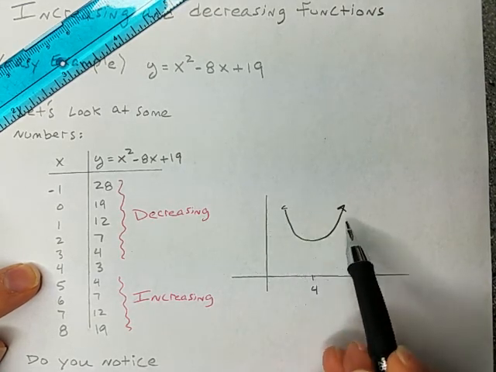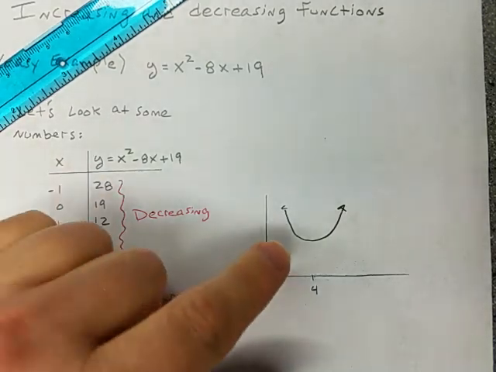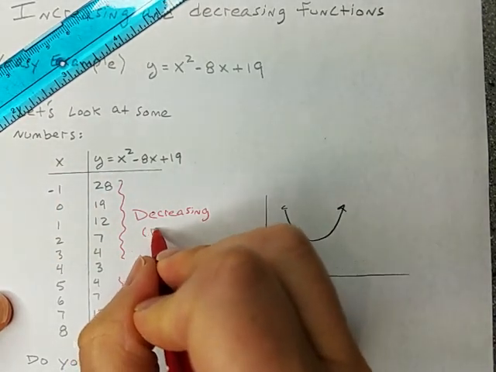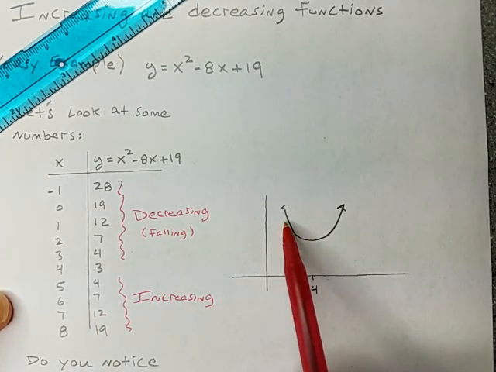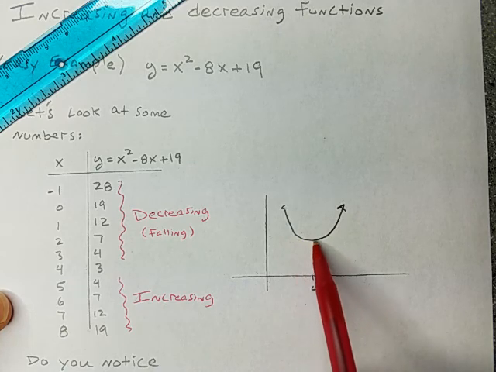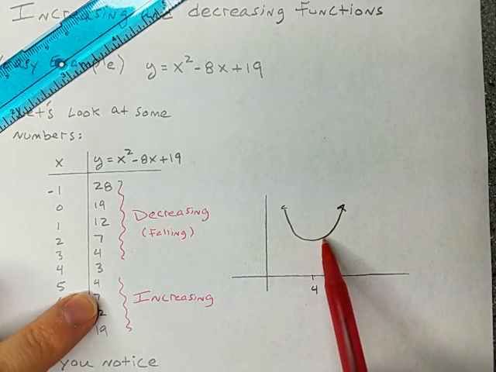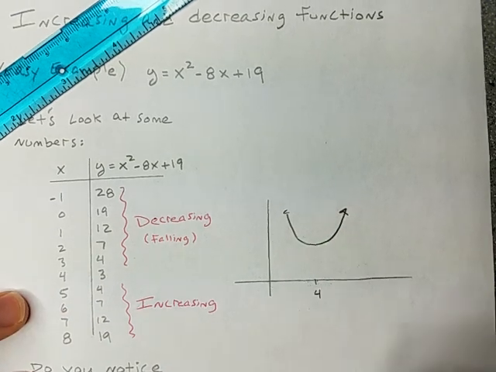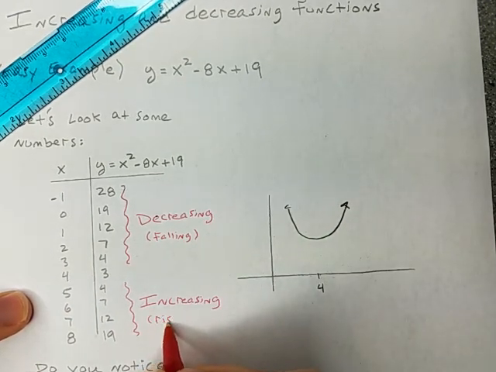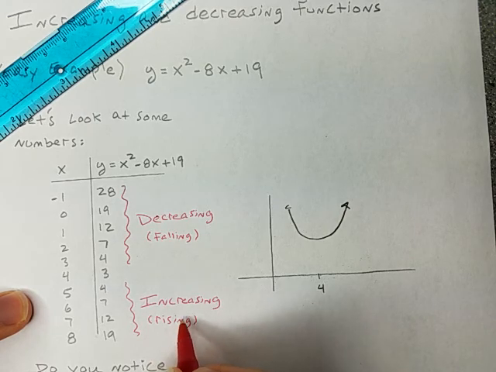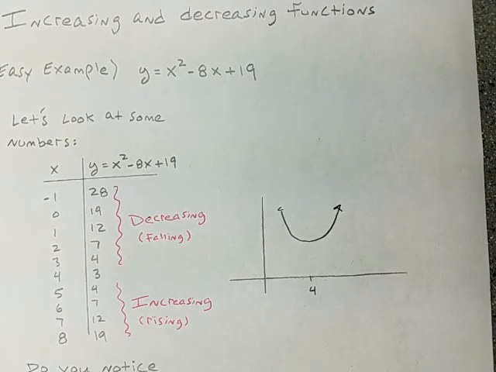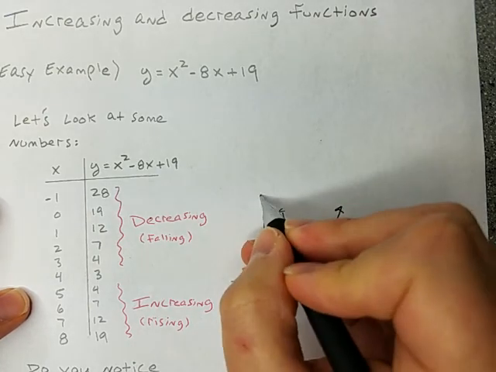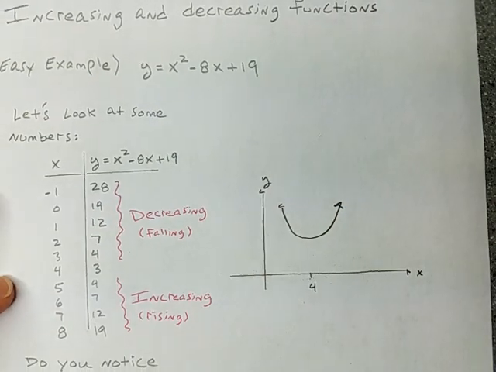If you visualize it, the curve is falling. Just look at it: 28, 19, 12, 7, 3, and then it picks up and it's rising from there: 4, 7, 12, 19. So we could say visually the curve is rising and falling, or the function is increasing and decreasing. We could talk about that interchangeably. So there's both the picture and the table, and you can take away from that whatever you like.